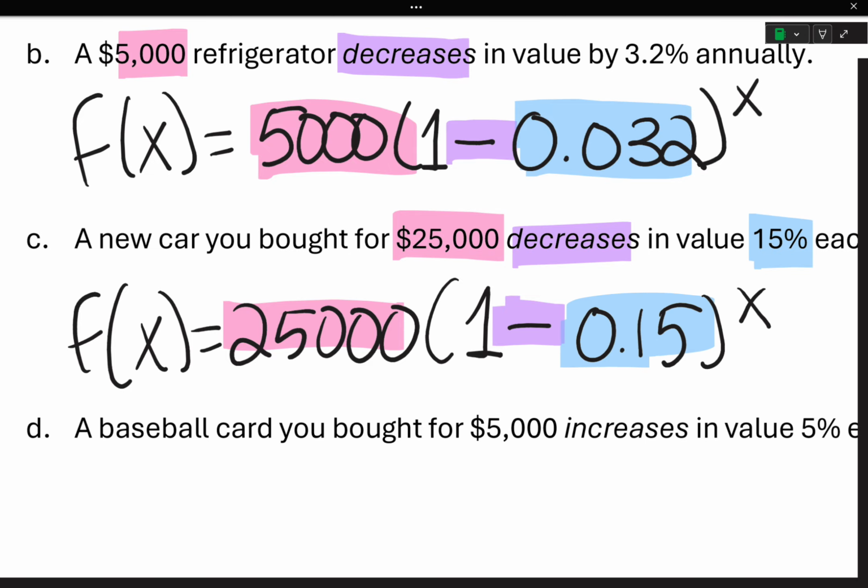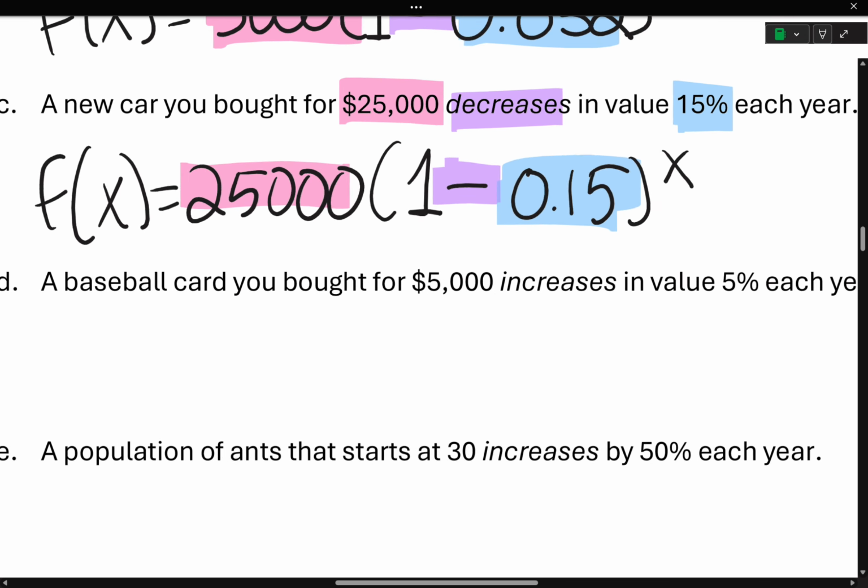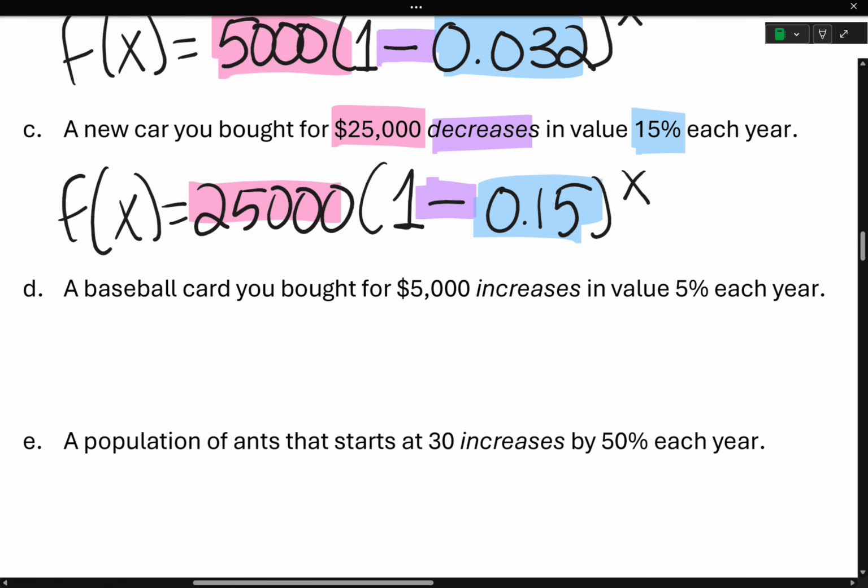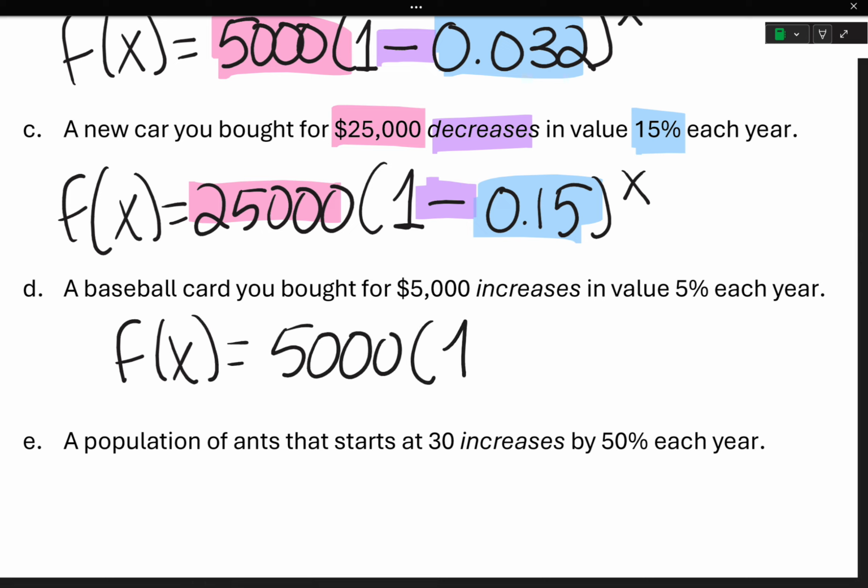Letter D. A baseball card you bought for $5,000 increases in value 5% a year. F of x equals 5,000 times 1 plus 0.05.